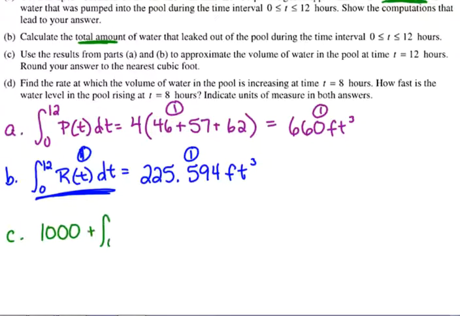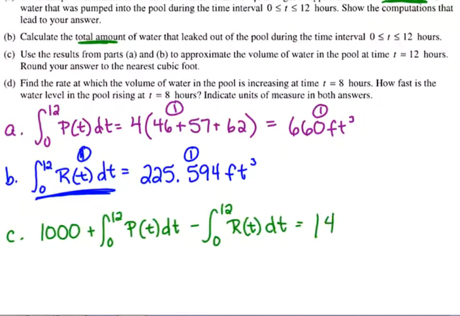We add what we pumped in, and again, here's another example of where you should show your setup, and we subtract what leaked out. And that ends up giving us 1,434.406. And it says round to the nearest cubic foot, so please, please, please follow the instructions there. So again, it never hurts to write this in words.